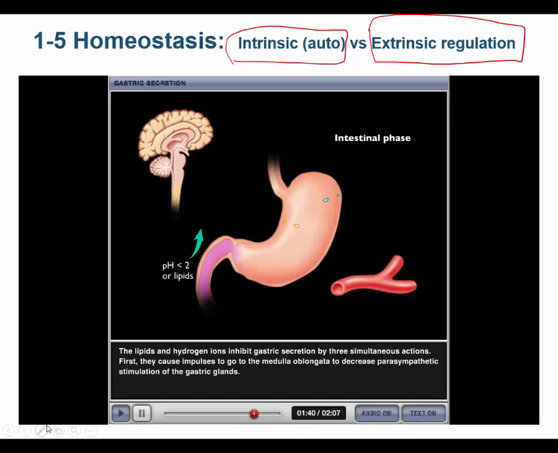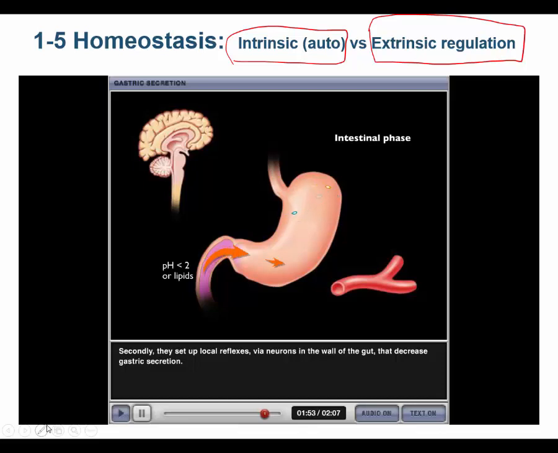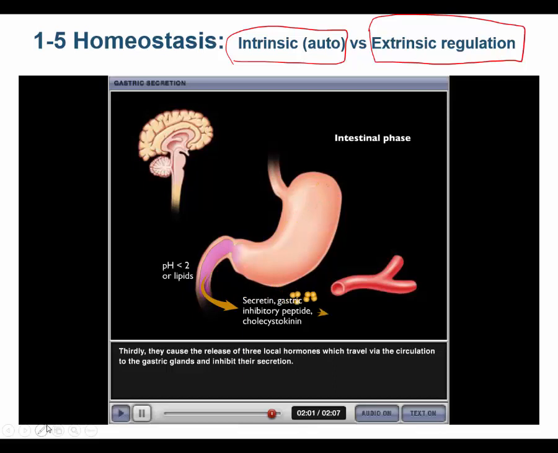First, they cause impulses to go to the medulla oblongata to decrease parasympathetic stimulation of the gastric glands. Secondly, they set up local reflexes via neurons in the wall of the gut that decrease gastric secretion. Thirdly, they cause the release of 3 local hormones which travel via the circulation to the gastric glands and inhibit their secretion.